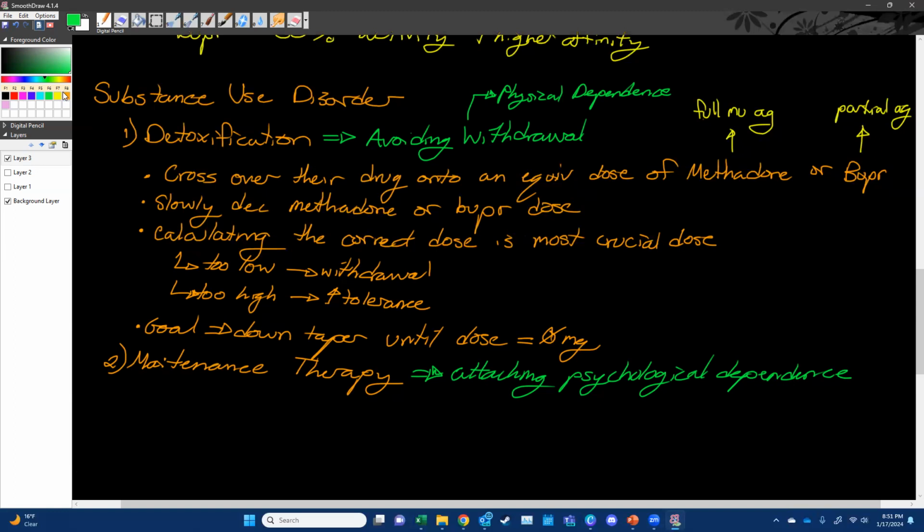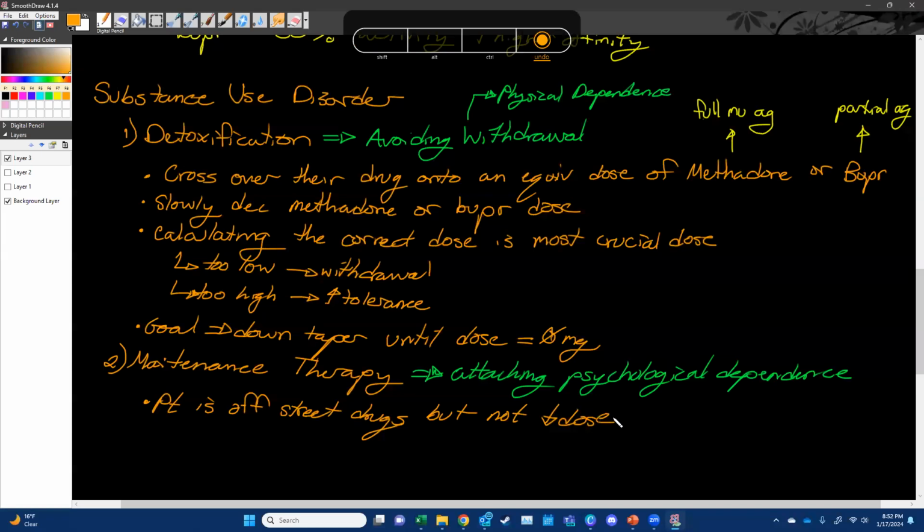But the idea here is that the patient is off street drugs, but we're not decreasing their dose. So maybe while they're working on the psychological issues of opiate use, they're staying at 150 milligrams of methadone.